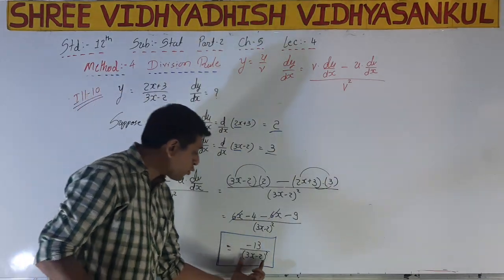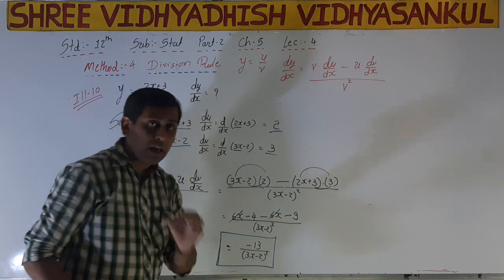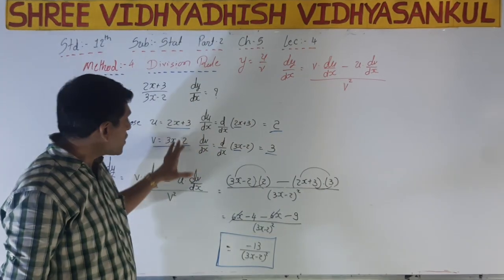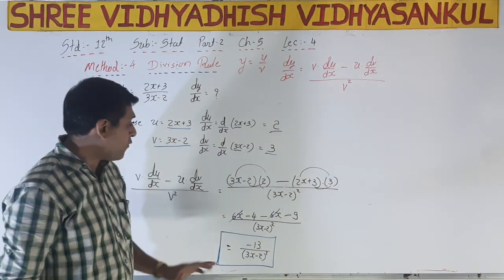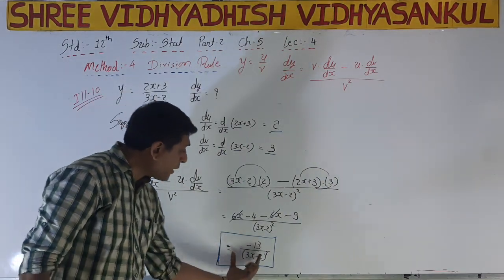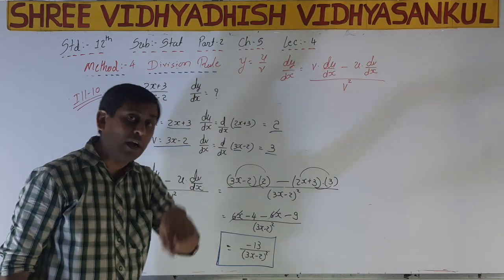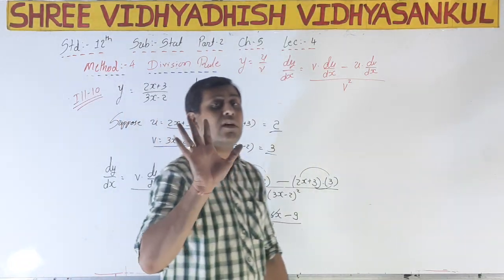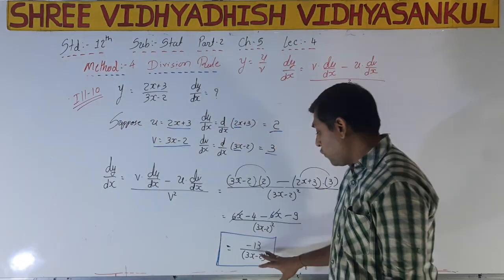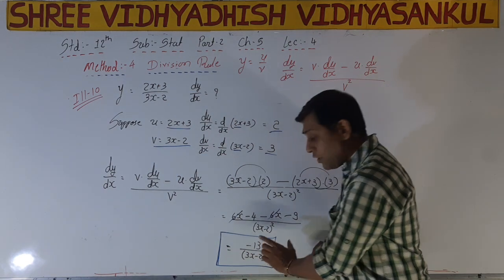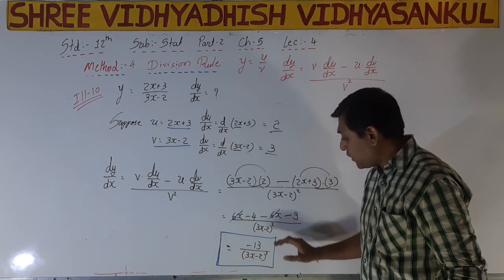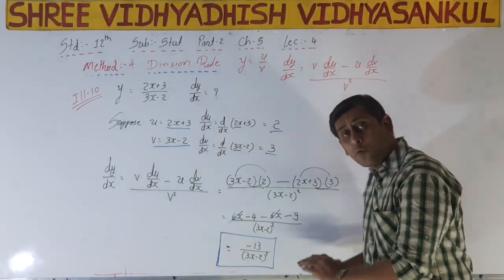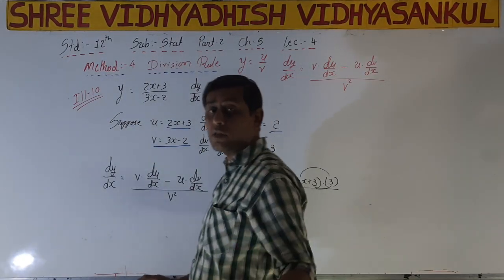See, we don't have to simplify this. In the division rule, v square we have to write up to the answer, because if the same bracket is there in the numerator, then and then we have to cancel it. Otherwise we don't have to write anything. We just have to write v square in the denominator as it is up to the answer.